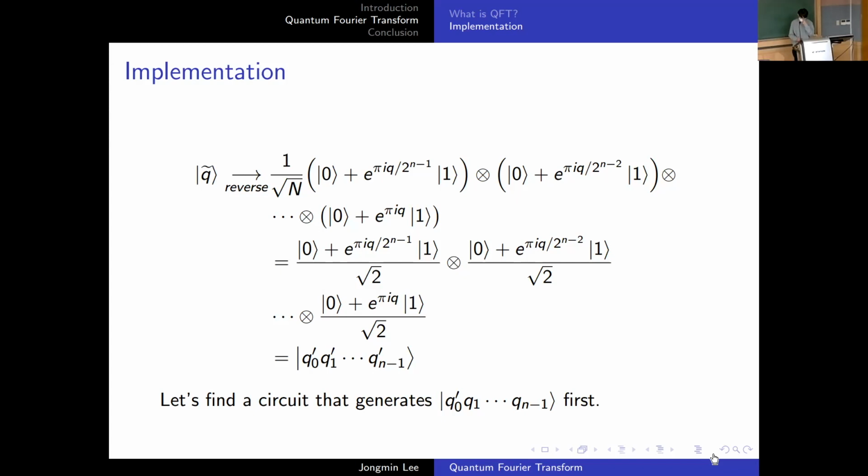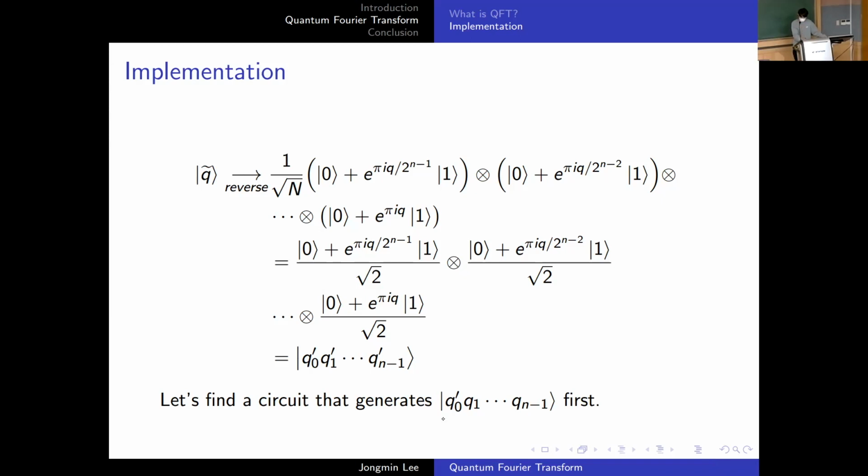If we define the capital N as 2 to the n, and we square it, each term has small n, so you can equally divide by the square root, and the vectors are all well normalized. You can denote it as a ket q0' q1' to q(n-1)', and then we only need to check the basis change.